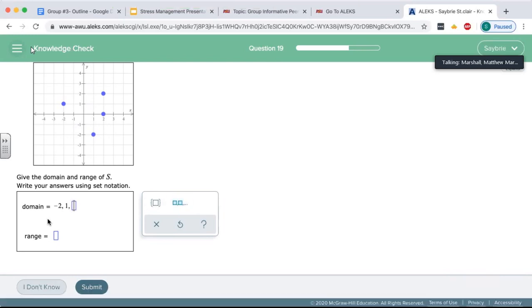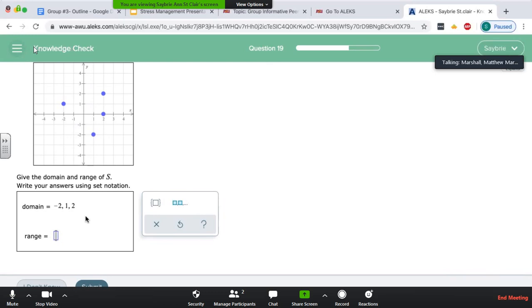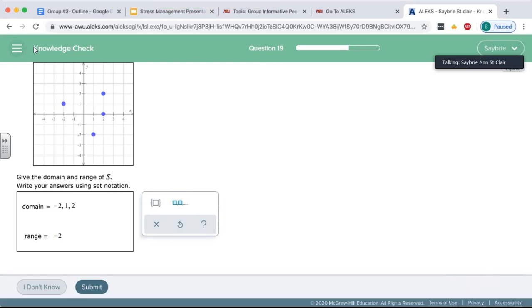And 2. Then range are all your Y numbers. Yep. And then range -2.